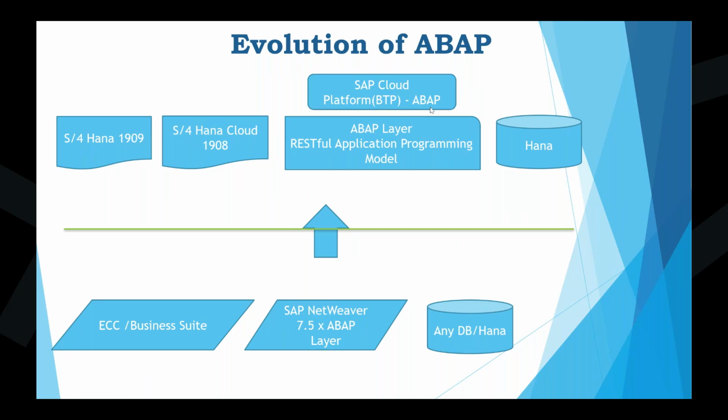The ABAP RESTful application programming model is a new vibe in the list of ABAP styles of programming, focused on building end-to-end business applications using core data services, behavior definitions and manipulation. So finally, what I want to say is: if you want to develop side-by-side extensions, or new dimensions in ABAP, RAP is a new vibe in the list of all the ABAP style programming.